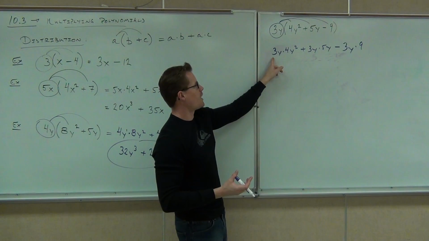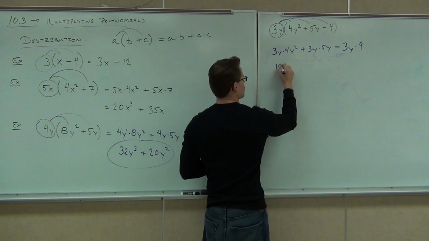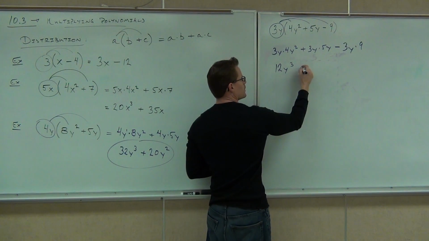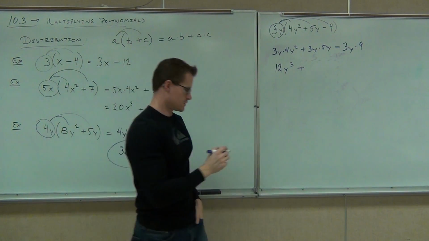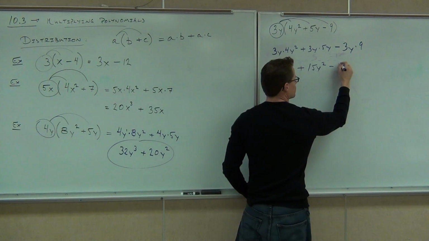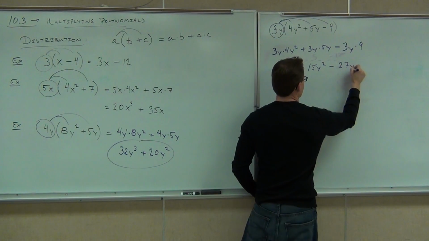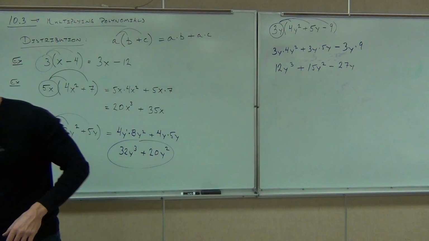Now we need to do the work piece by piece. How much is 3y times 4y squared? Good. Then we have a plus sign. We leave it as a plus sign. How much? Lastly, minus 27. That's it. Can you combine any of those? No. They're all different. They're not like terms.